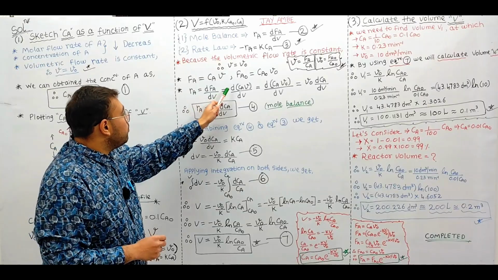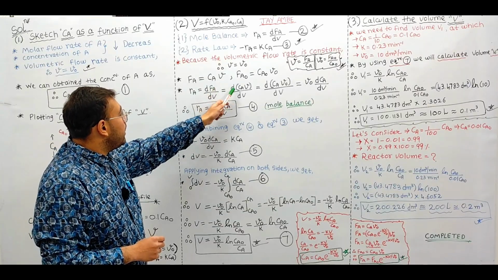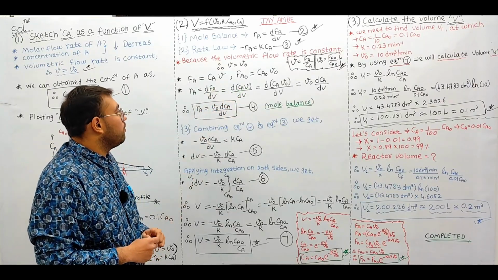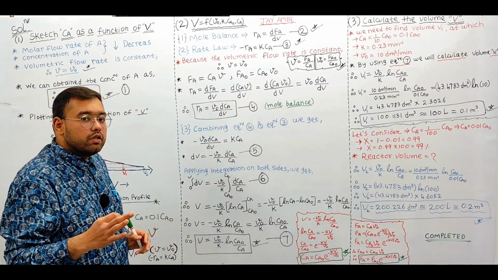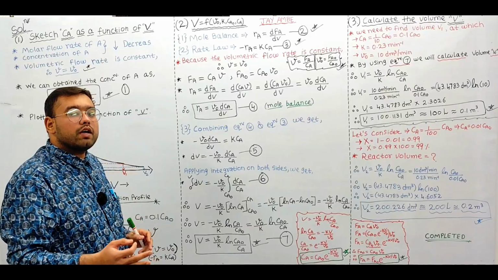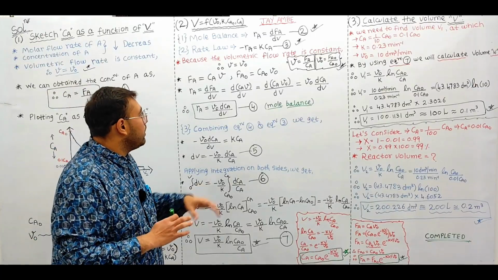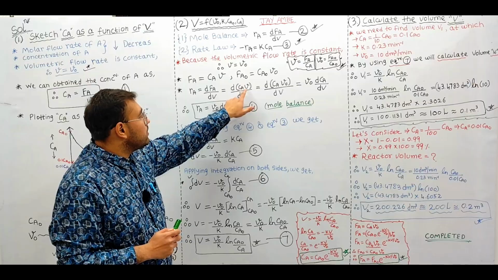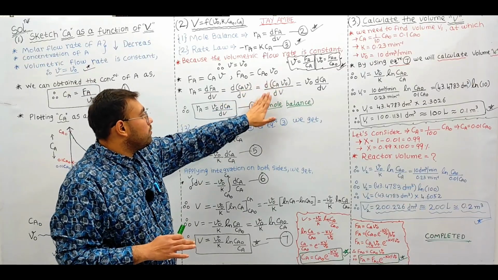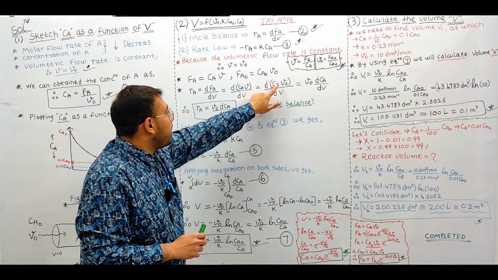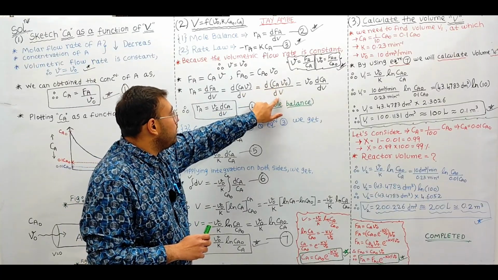So let's substitute the value. Ra is equal to d of CA nu by dV. Now the volumetric flow rate is constant, so the final volumetric flow rate is equivalent to the initial volumetric flow rate, and due to this we can replace nu with nu naught, while the remaining terms stay the same: d of CA nu naught by dV.